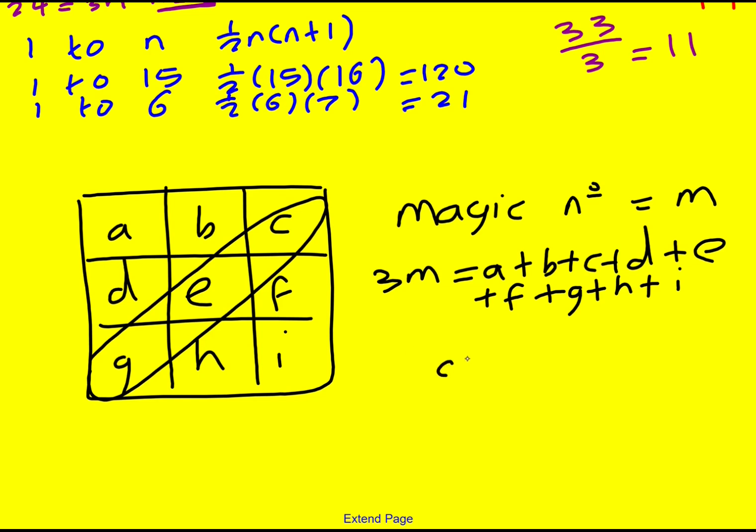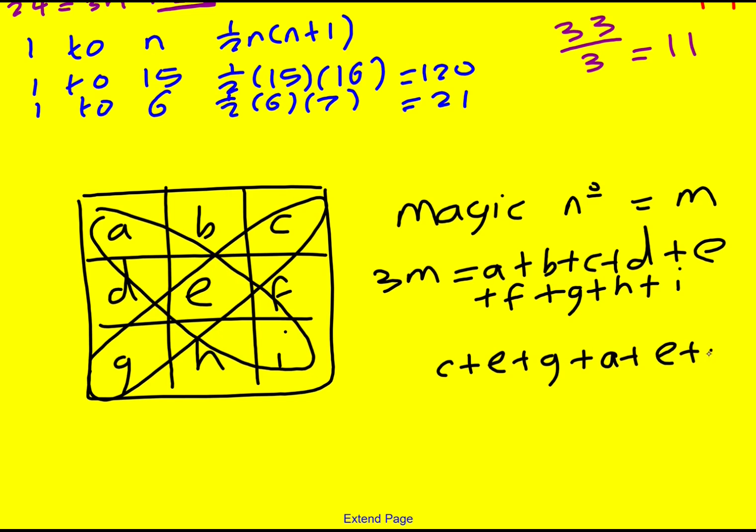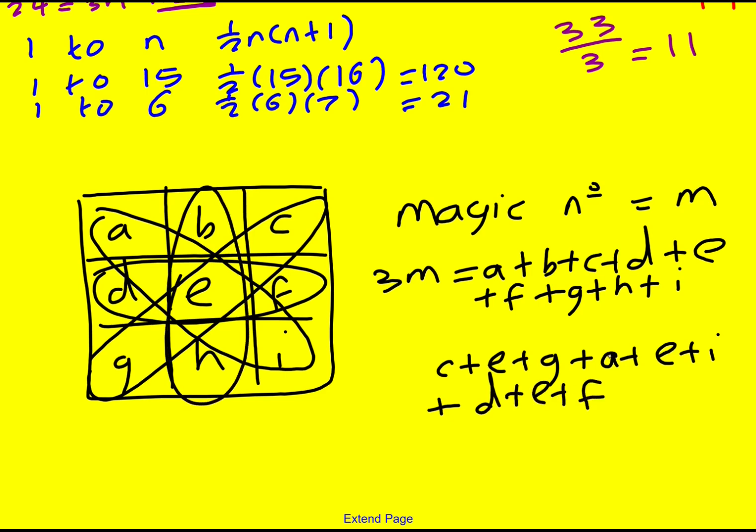So M is going to be C plus E plus G. And then another way of getting it, I'm using the middle number every time here, A plus E plus I. And then I'll go along this row, so D plus E plus F. And then B plus E plus H. So that is actually going to give us 4M because I've actually added the magic number together 4 times.